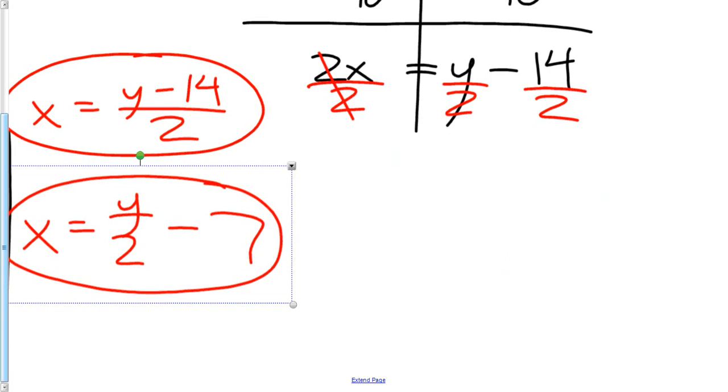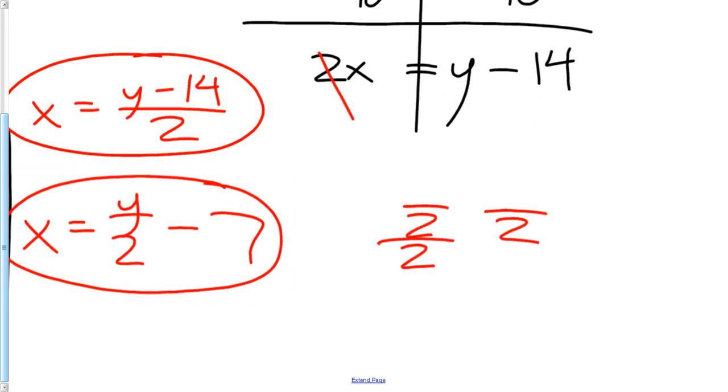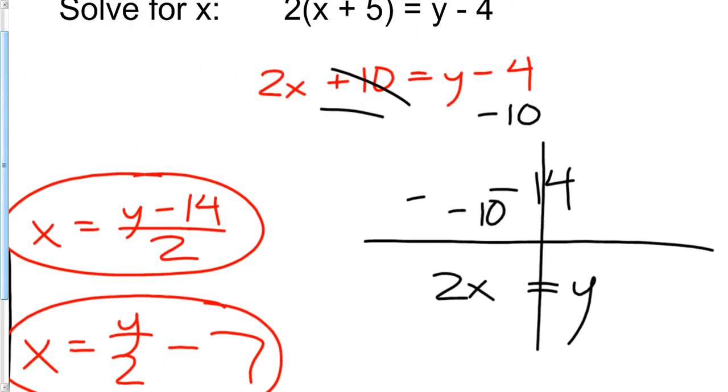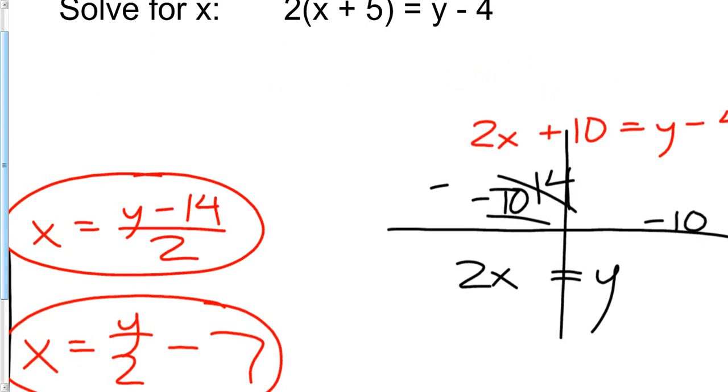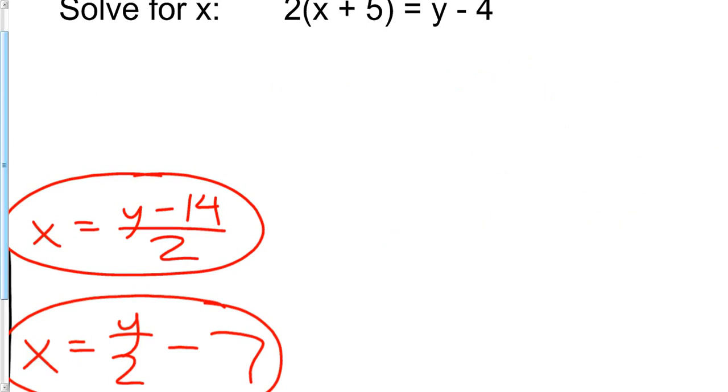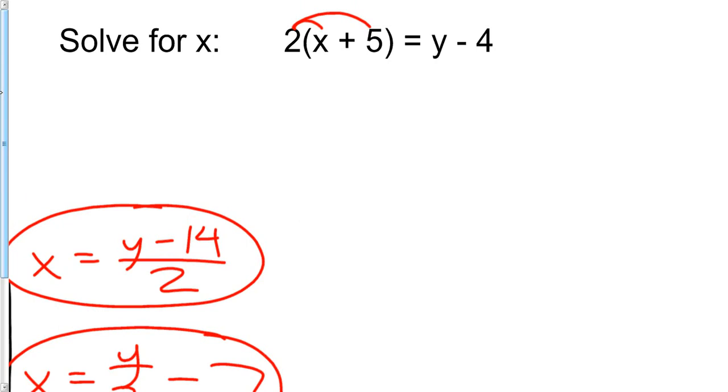And lastly, the first thing we could have done, this is the last thing I'll show you, is before we even did any of this, we didn't have to distribute right away. Since 2 is multiplying times this entire quantity, I could divide by 2 right away.